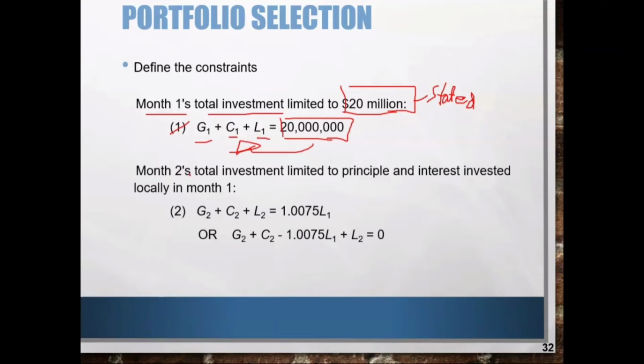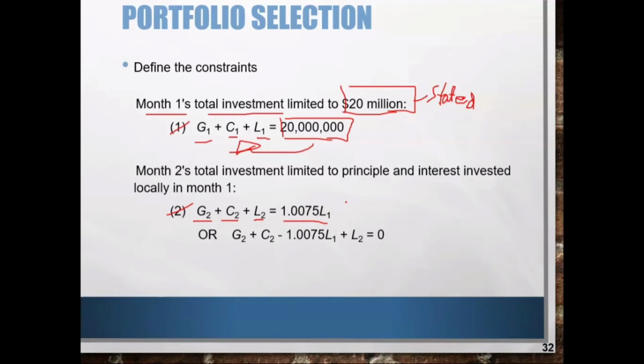In month 2, after 2 months, total investment is limited to the principal and interest invested locally in month 1. So for month 2, G2 for government bonds, C2 for construction loans, and L2 for local investment is equal to 1.0075 L1.